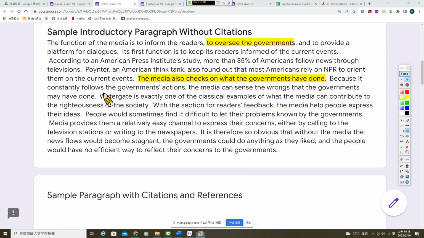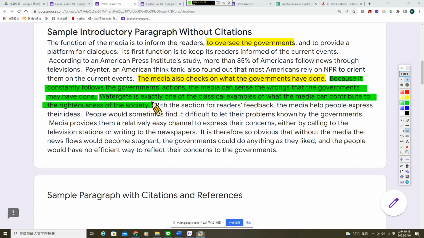And Watergate is exactly one of the classical examples of what the media can contribute to the righteousness of the society. And this one is common sense. Most Americans know this, so I do not need to cite. So look here, I have two supporting pieces of evidence, this one and this one.